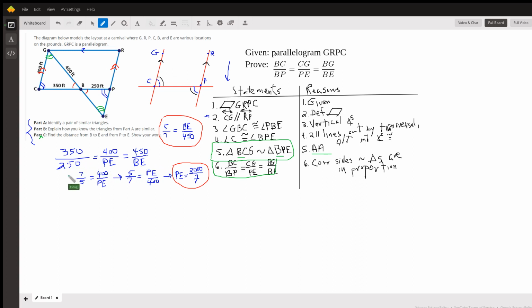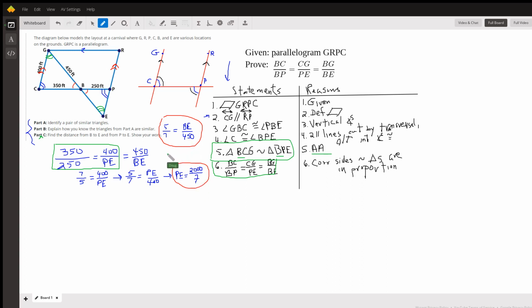And now you can use this proportion right here to solve for PE. One way to do that is to reduce 350 over 250 to 7/5. And then if these fractions or ratios are equal, their reciprocals are equal, and multiply both sides by 400. So you get 2,000 divided by 7. You could reduce that to a mixed number if you wanted to.